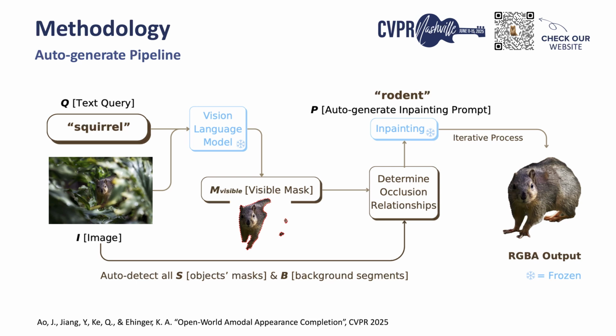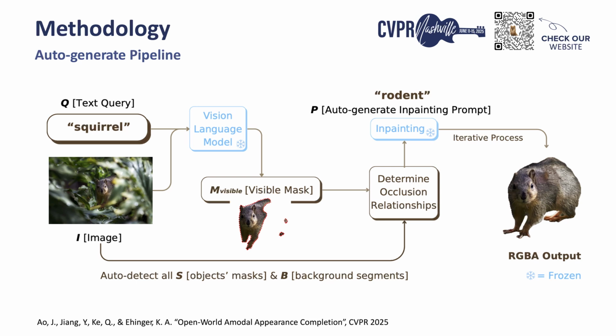However, inpainting the missing regions requires a suitable prompt to guide the reconstruction process. Since our system is built to handle a wider range of natural language queries, we cannot assume that the user provided query alone is sufficient for inpainting. Instead, we refine the prompt by combining the text query with the context from the image. For example, where the user inputs squirrel, our model might determine that rodent is a better prompt for guiding the inpainting process.